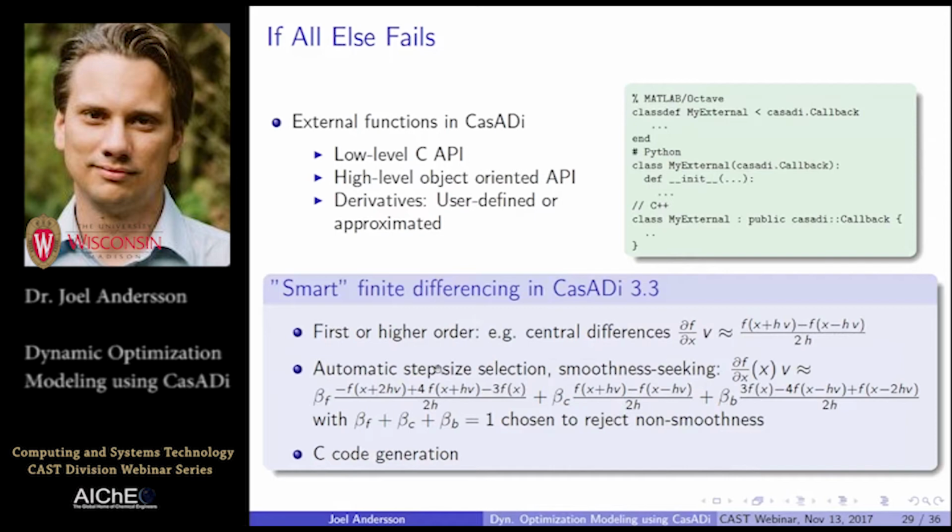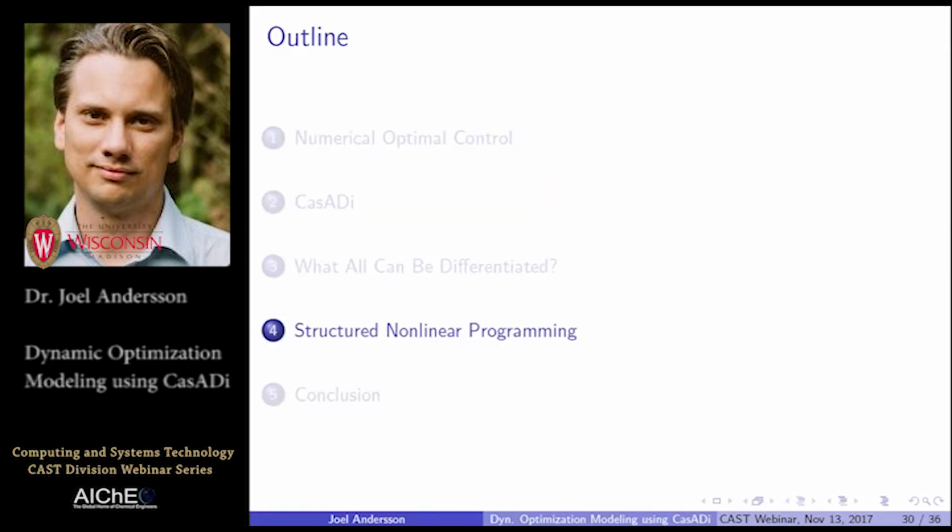Also implemented is a smoothness-seeking scheme, because often, like in gradient-based optimization, we are trying to calculate derivatives at the end of intervals. So we have a scheme that is essentially a weighted linear combination of an upwinded, downwinded, and a central scheme, and then based on the smoothness, it will switch from one to another. So this is something that was added in the latest version of CasADi.